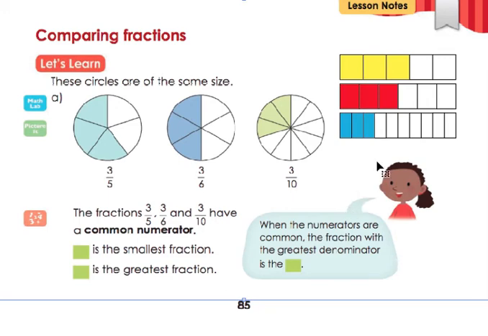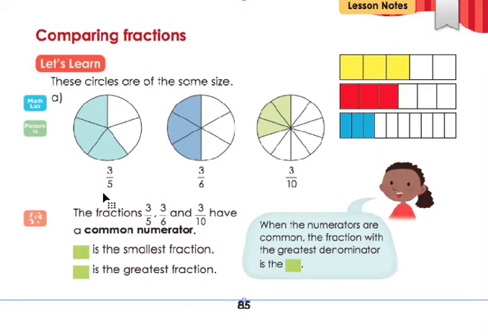So in today's work, you are going to compare and circle or write which is the greatest fraction, the biggest fraction, or which is the smallest, okay? Also, you are going to put the fractions in order.